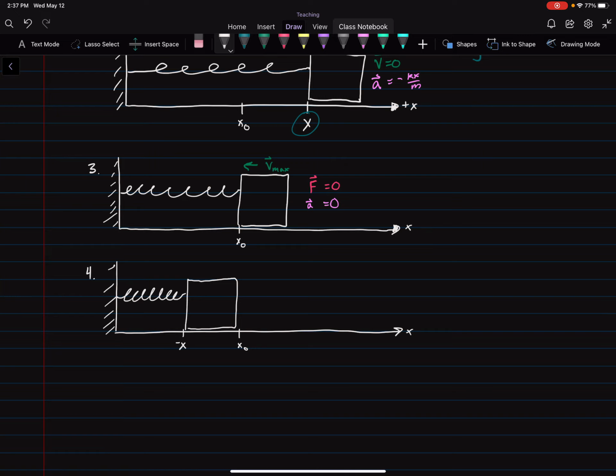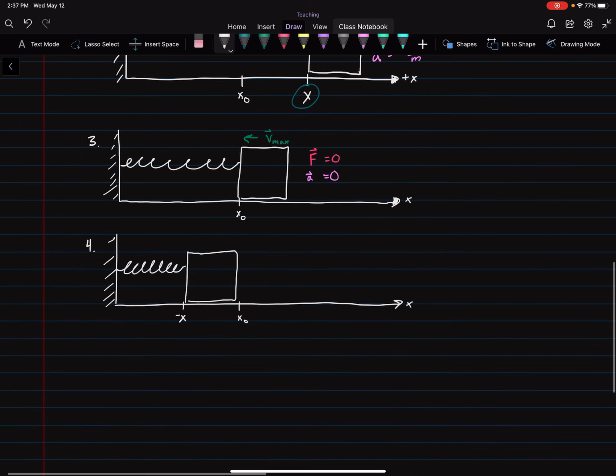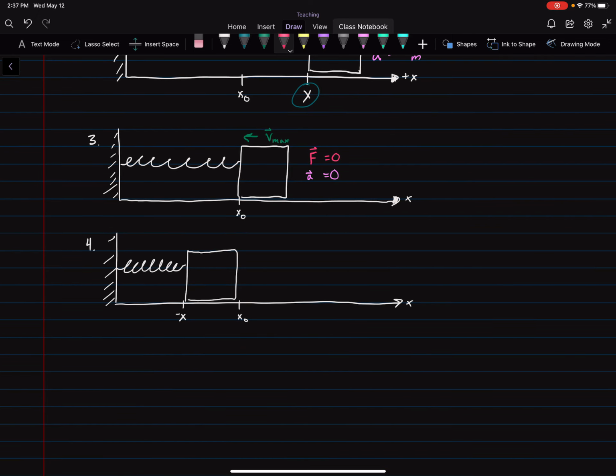If it's not losing any energy to thermal or drag force or friction, and there's no damping at all, then it would go all the way back and compress to negative x, the exact opposite amount as x. So now what's going on with force and velocity and all that? So now the velocity is 0 because it's come all the way compressed. And for a moment, the velocity is 0 until it starts heading back in the right, the positive x direction.